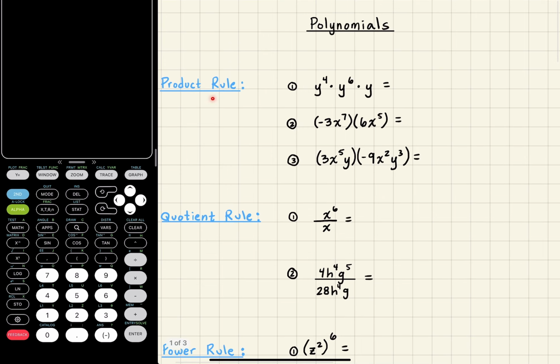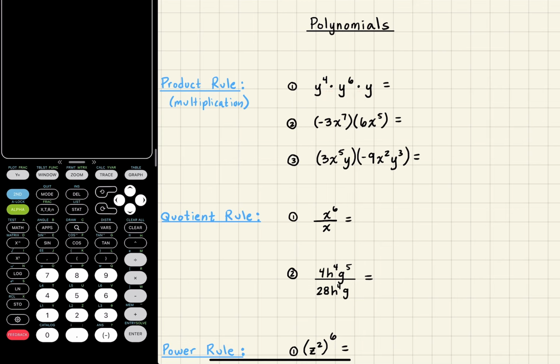So let's take a look at the product rule. Product means the solution to a multiplication problem. So when we talk about the product rule, we're talking about multiplication. You will utilize the product rule when you're multiplying terms together.